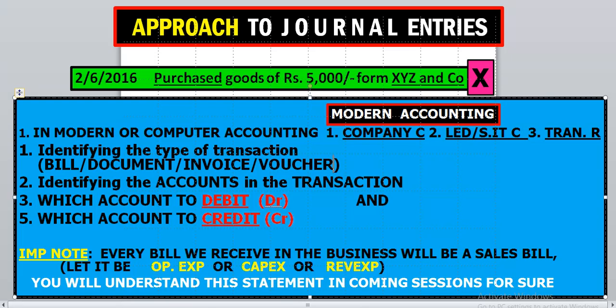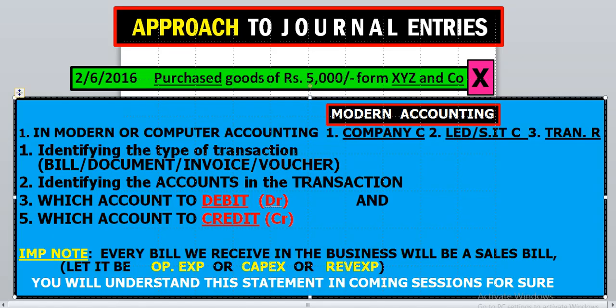These are the three simple things which can be practiced on a computer application. The first thing is identifying the type of transaction, the same points as in manual accounting, the second is identifying the accounts in the transaction, and the third is which account to be debited and which account to be credited. The fourth is something you don't need to remember: where the purchase account can be found, or where the XYZ and company account can be found.